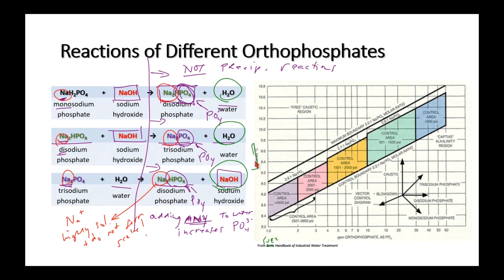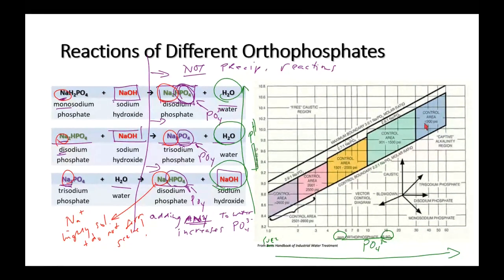First, let's look at the y-axis: we've got pH. And on the x-axis, we've got parts per million of PO4. So, increasing phosphate concentration and increasing pH.